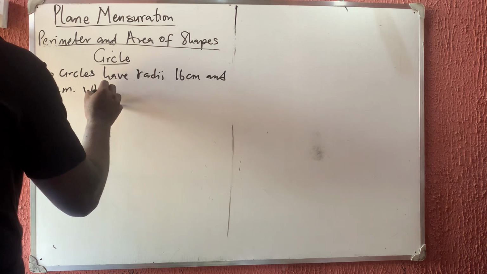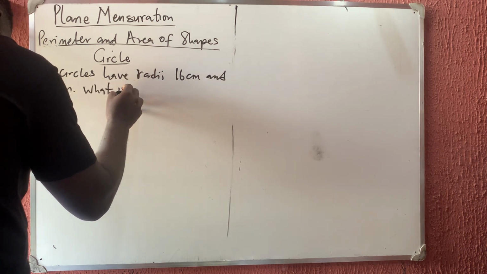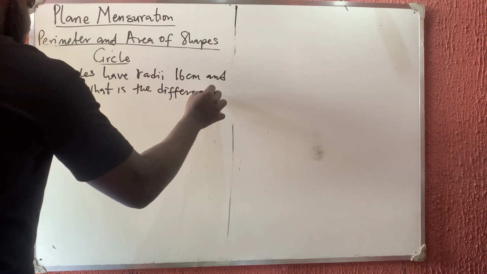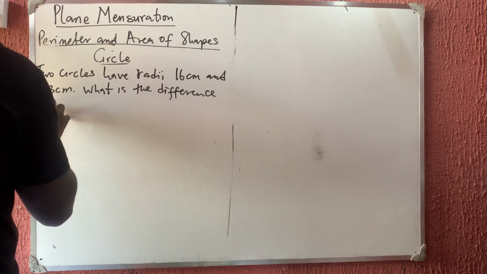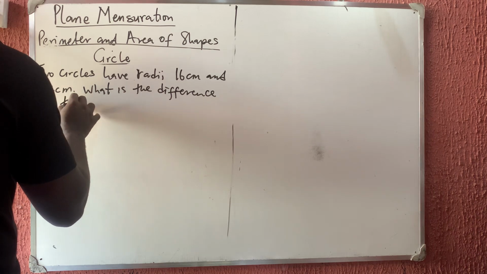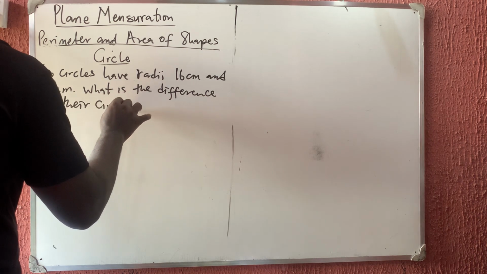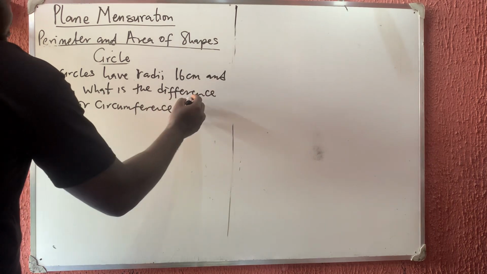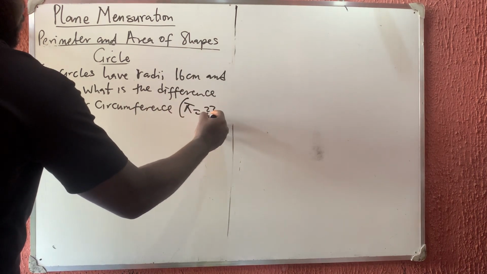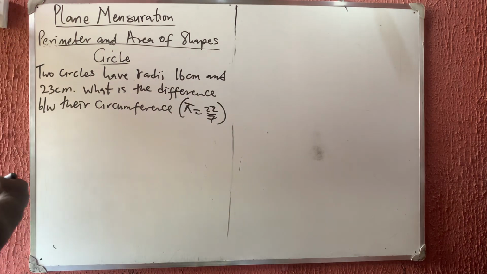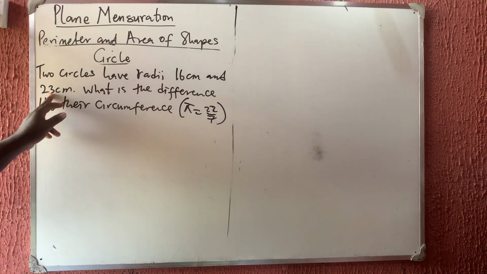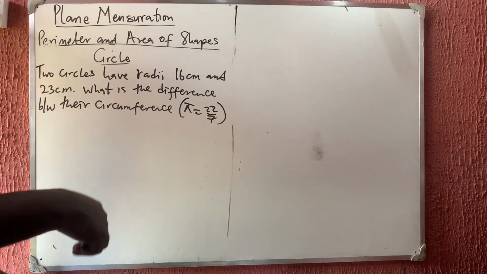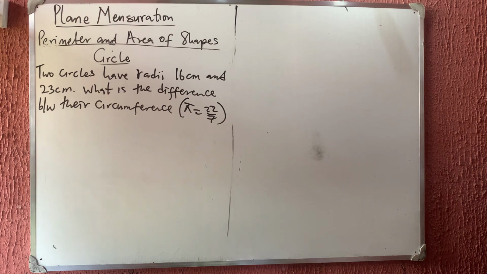Then what is the difference between their circumference? Okay, they say we should take pi as 22 over 7. So solve this and give me your answer. Just get the circumference of this and get the circumference of the other, then subtract it. That's the meaning of difference. So tell me what the answer is in the comment section. I'll be waiting to see your own answer.